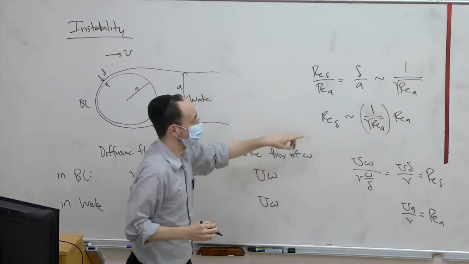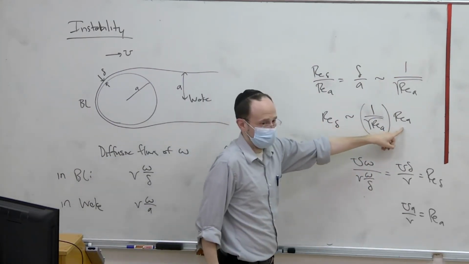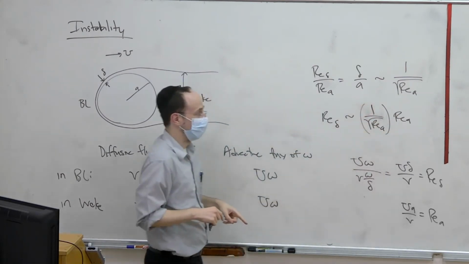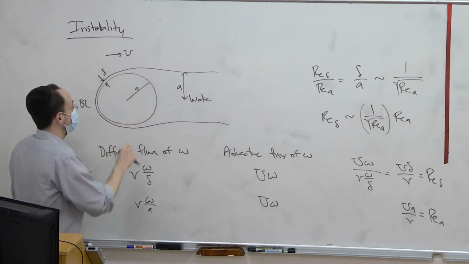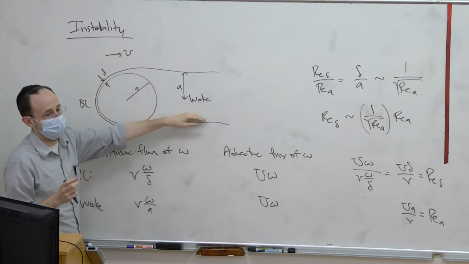In other words, Re_delta is always asymptotically smaller than Re_A by this factor. So whatever our flow conditions are, the Reynolds number in the boundary layer is always going to be much, much smaller than the Reynolds number in the wake.